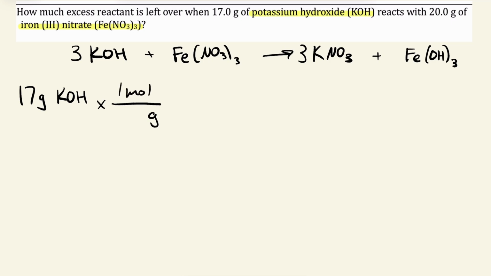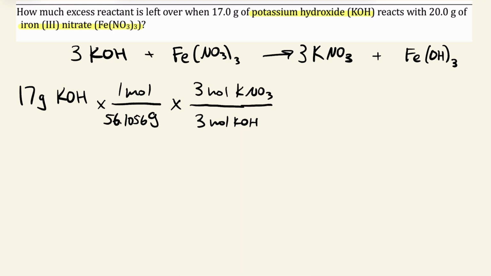So use your periodic table to figure out the molar mass of KOH, which gives you 56.1056 grams. And then the next step is to use the molar coefficients to convert this into moles of KNO3. So for every 3 moles of KOH, I will produce 3 moles of KNO3.